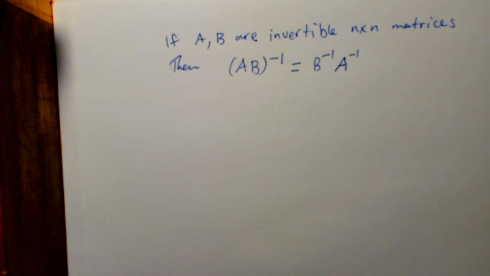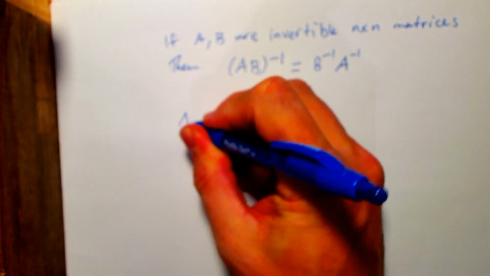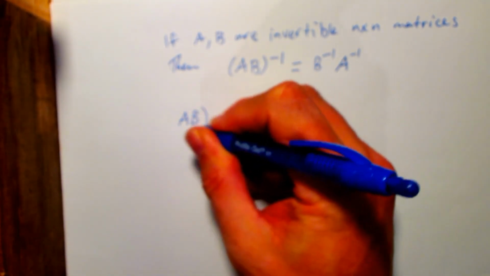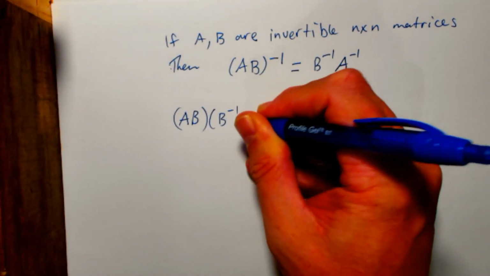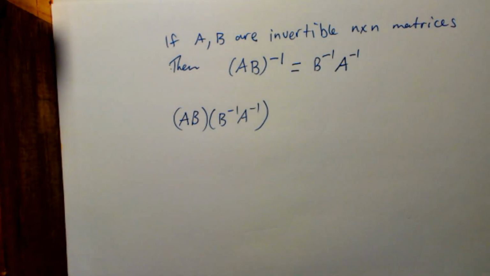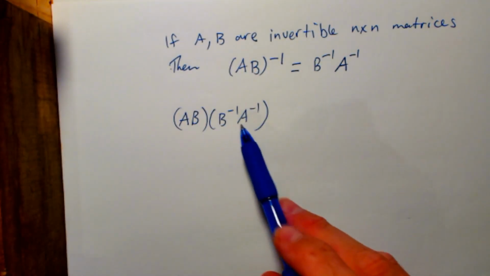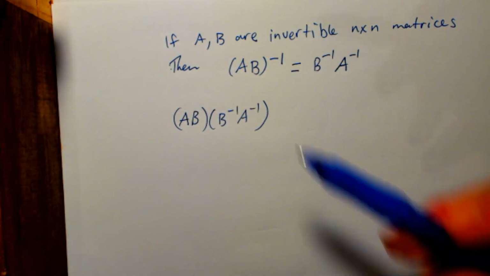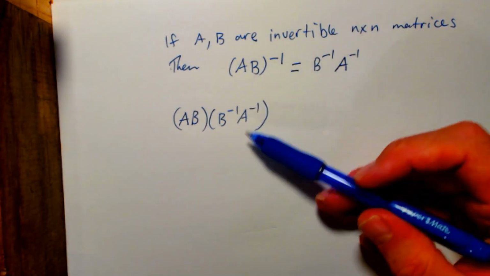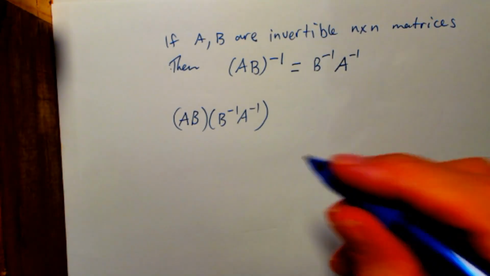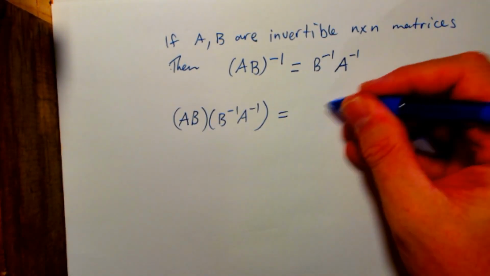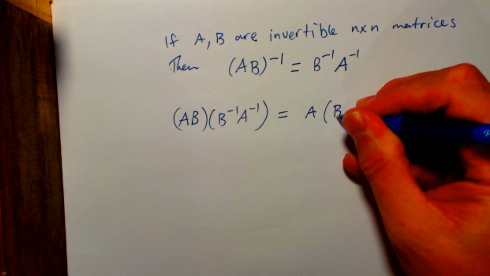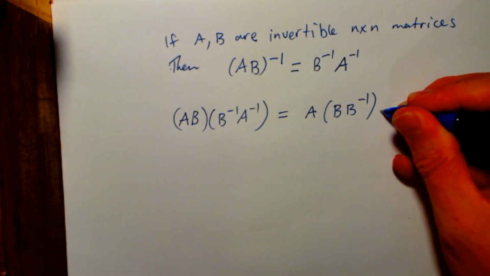Okay, so to see that this holds, let's multiply out AB times B inverse A inverse, right? Because if this gives the identity, then that would say that the inverse of AB is this matrix. So now associativity of matrix multiplication allows us to express this as A, B B inverse, times A inverse, right?